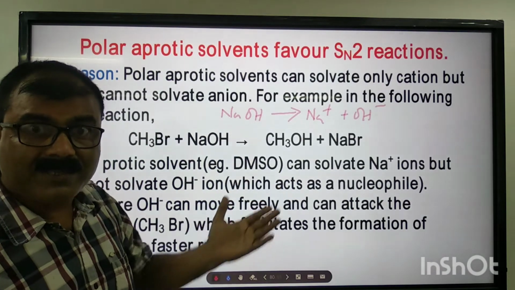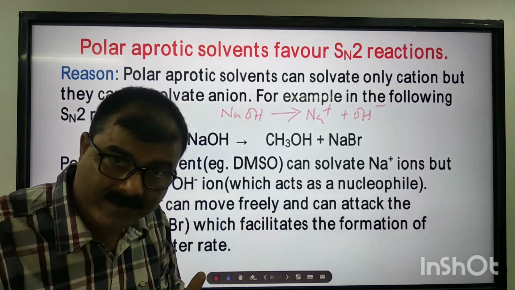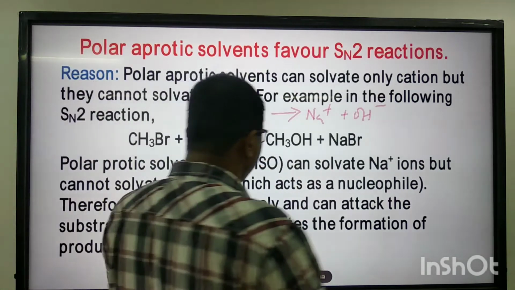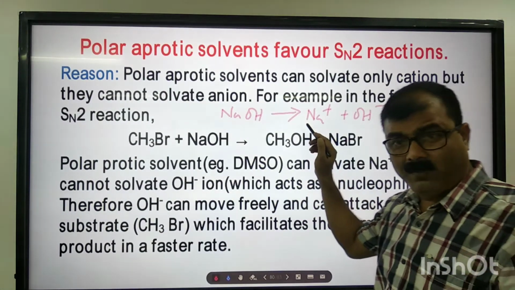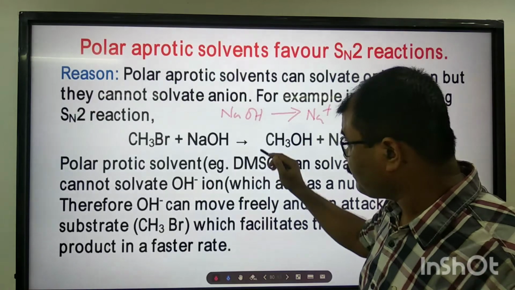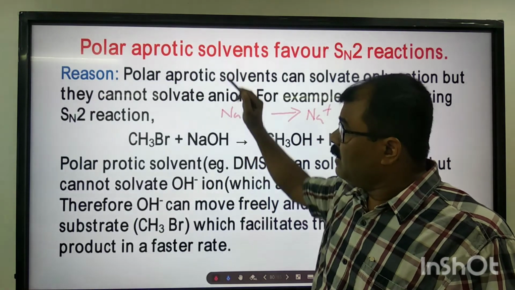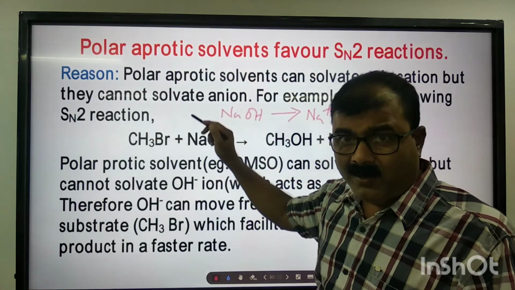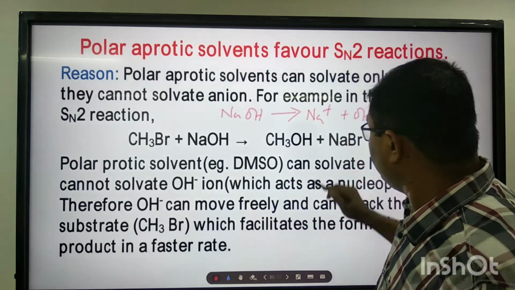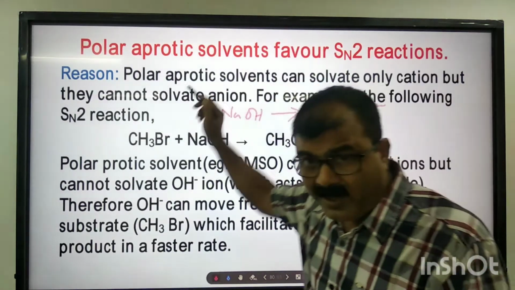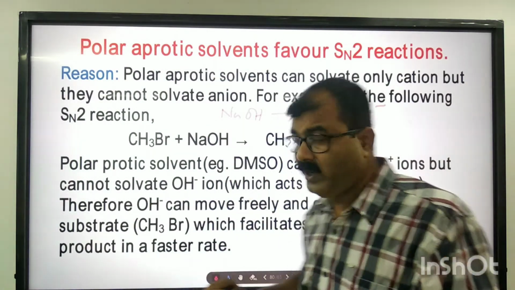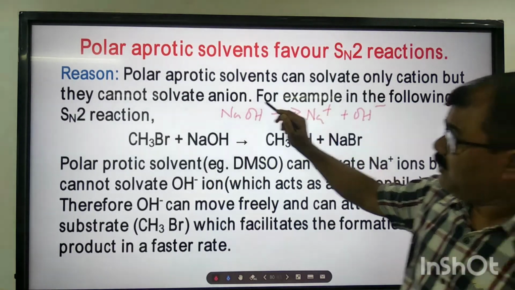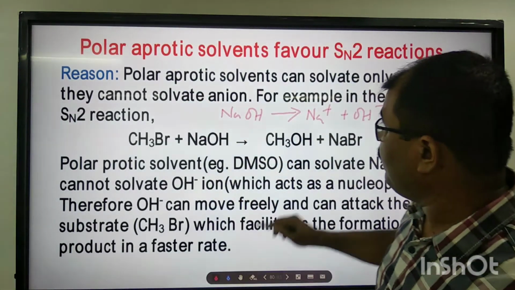In the previous case, both cation and anions are stabilized. Now here, sodium hydroxide will obviously get dissociated because the reaction is carried out in polar medium. Now, what is the characteristic of aprotic solvent?